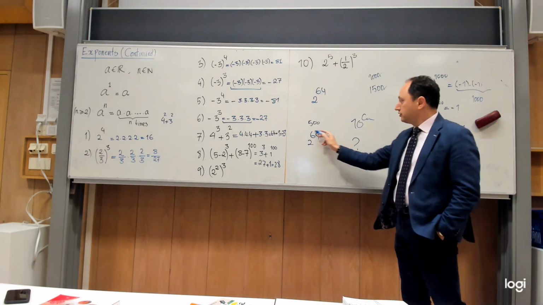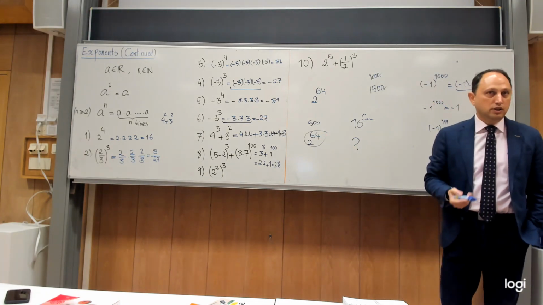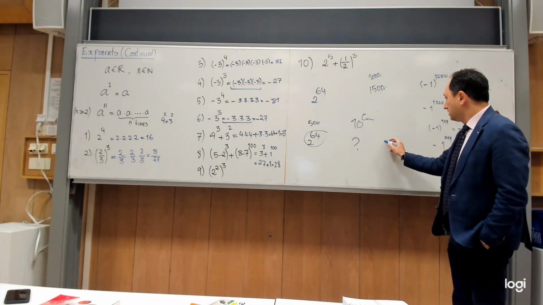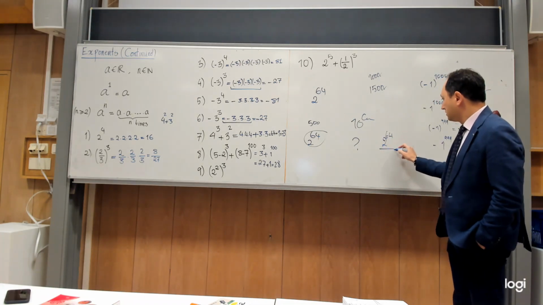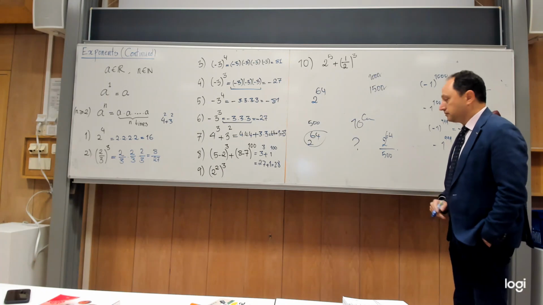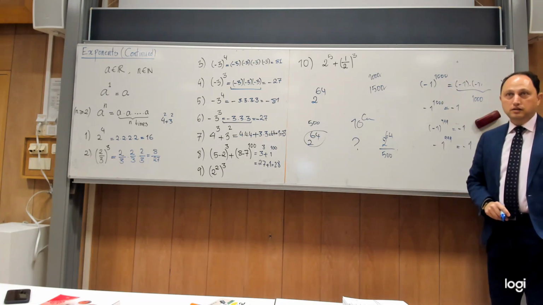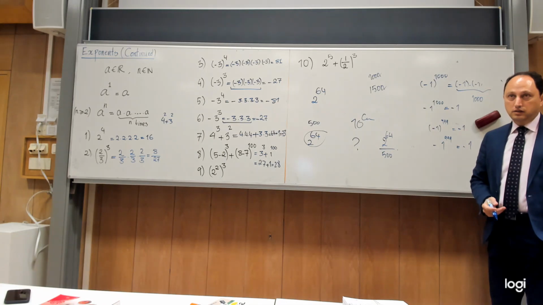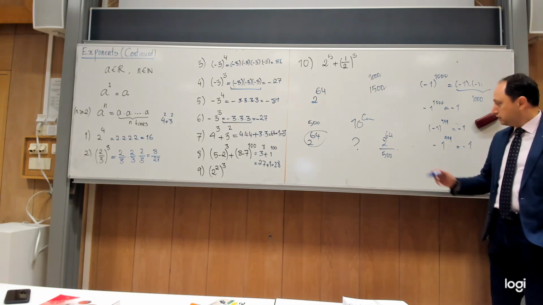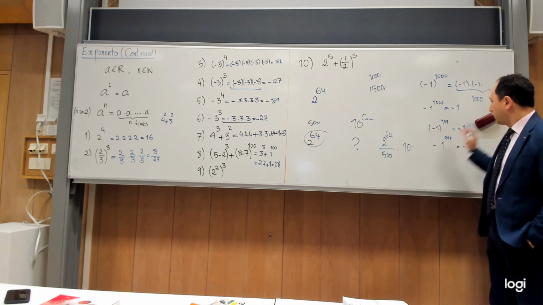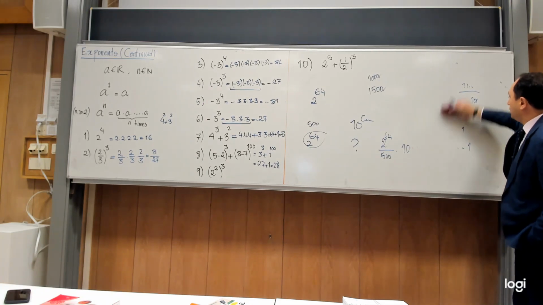Now I am asking you the same question, not for this number, I am asking you for this number. So what you need to do? Divide by 500. And multiplied by 10. What would be the unit of measurement here?